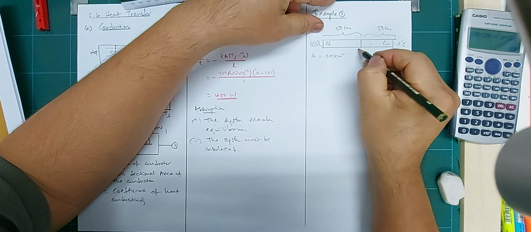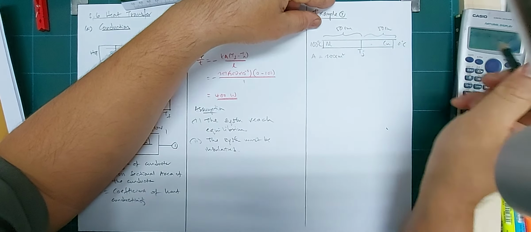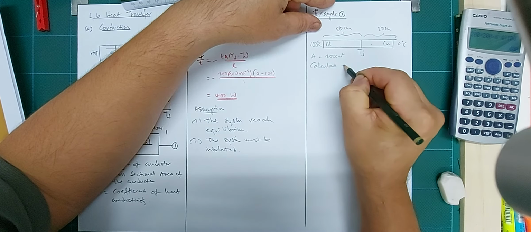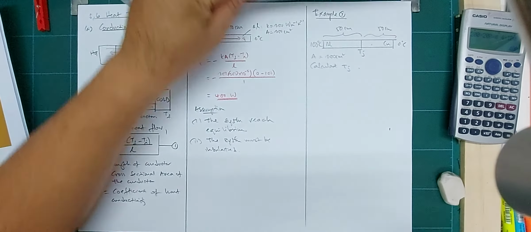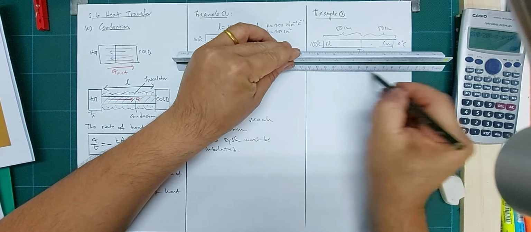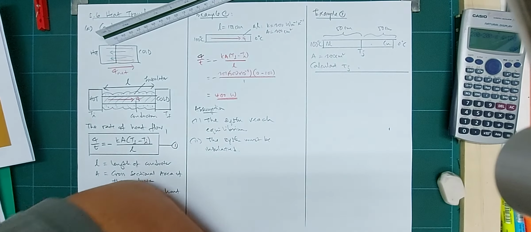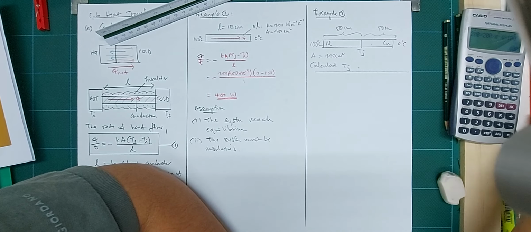Now the question is, calculate TJ, the junction temperature. Junction means the place where they meet each other, where they are soldered or fused together. So how do we calculate this sort of question?